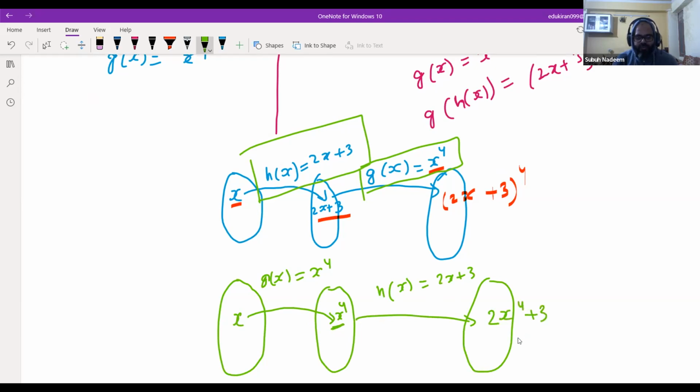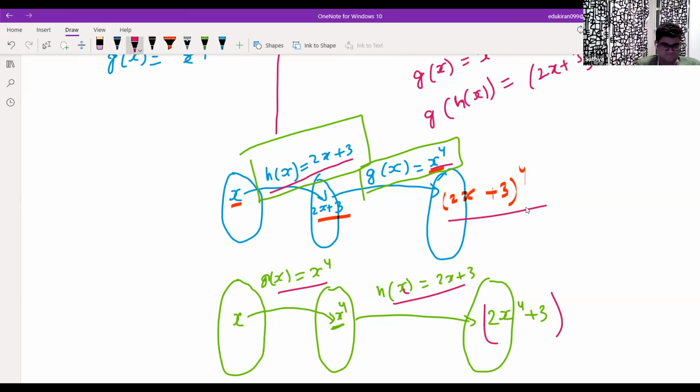This is the difference. Here the inside function is g(x) and the outside function is h(x), which is 2x plus 3, so you get 2x to the power 4 plus 3. In the earlier case the inside function is h(x), 2x plus 3, and the outside is x to the power 4, so you get 2x plus 3 to the power 4. Are you understanding the difference between the two?